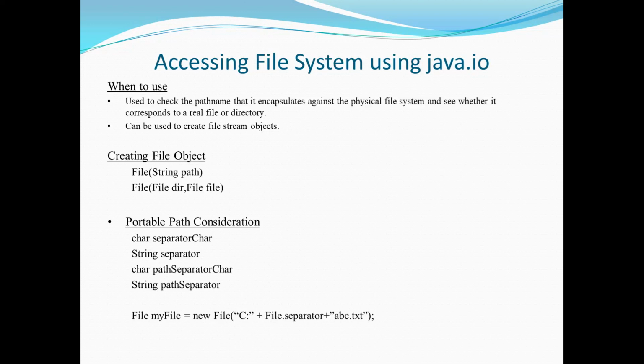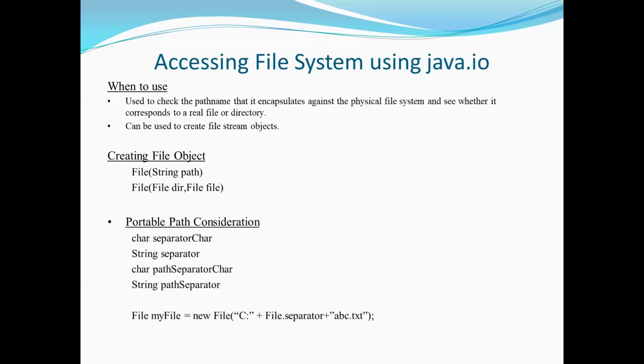Got it? To use this, Java provides one package in which you will find the classes, and the package name is java.io. First of all, you need to import this package and the class that you need for these kinds of operations. So when to use this file system?